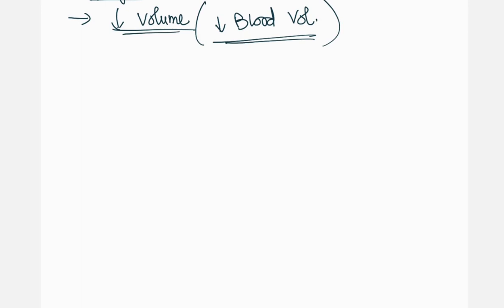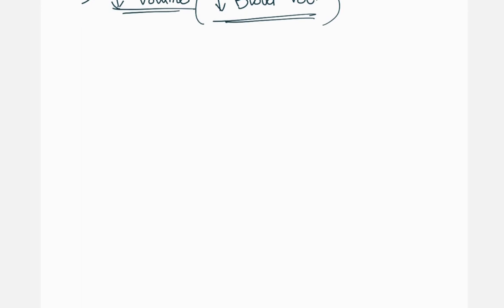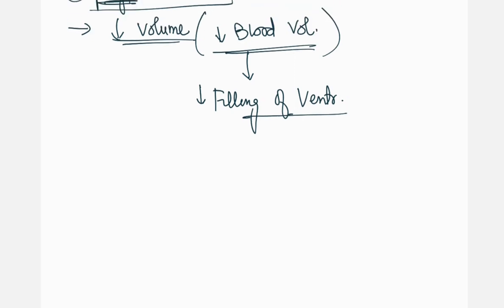So what does the decreased blood volume do? When there is decreased blood volume, there is a decreased filling of the ventricles, because there is not much volume present to fill the ventricles at the normal rate.